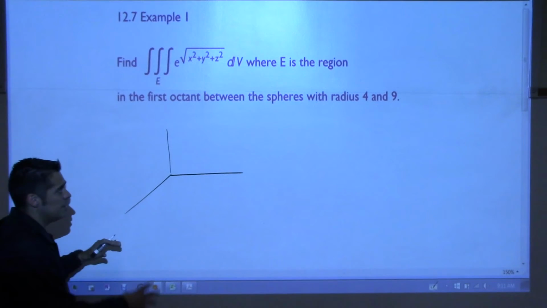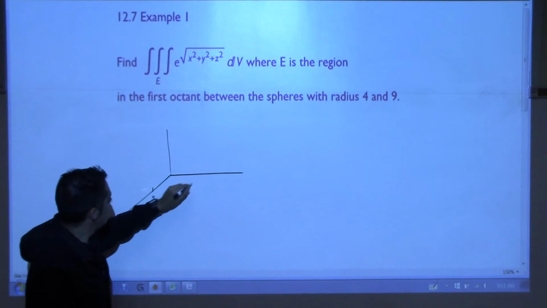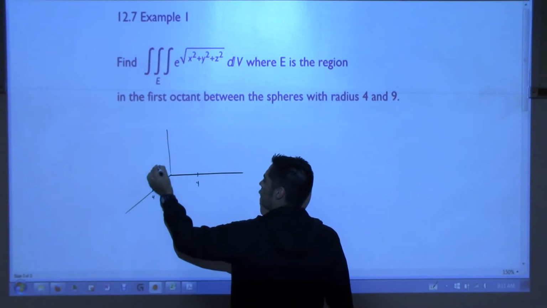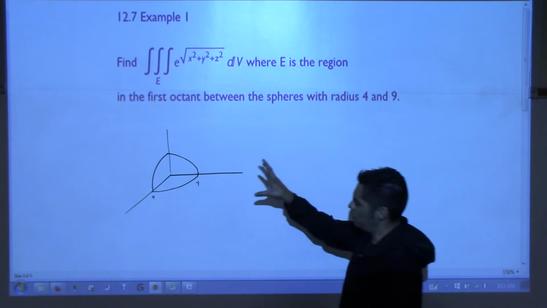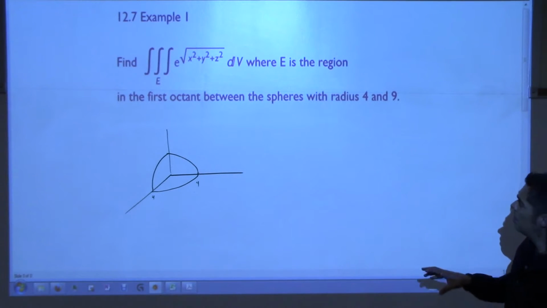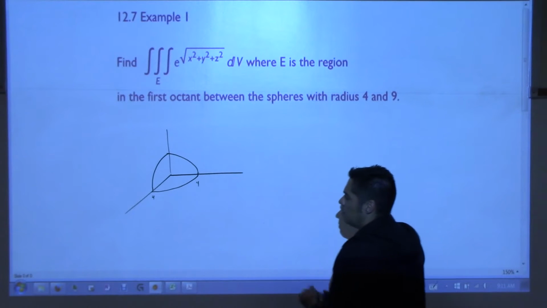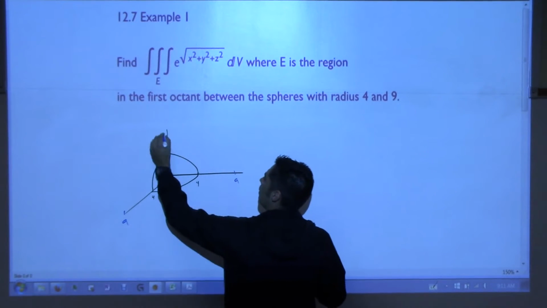I have a sphere of radius 4. So let's say here's 4, here's 4. And we know we have a sphere, so it's just the first octant portion of that sphere. And then we have another sphere, which has a radius of 9, up here at 9.